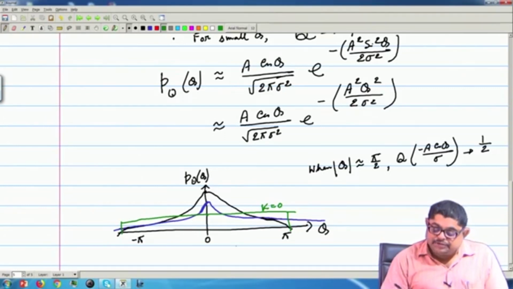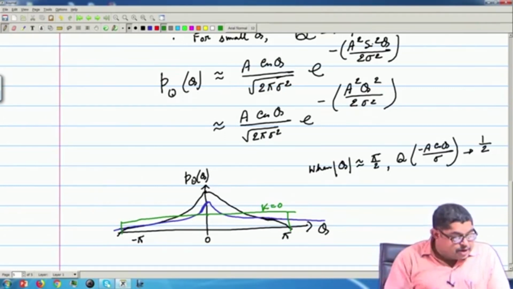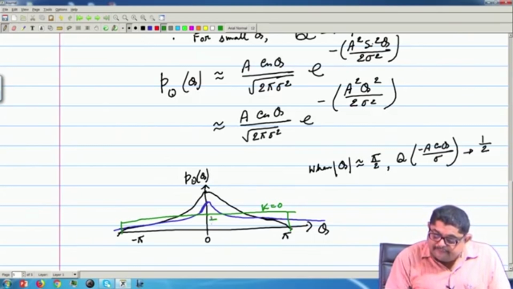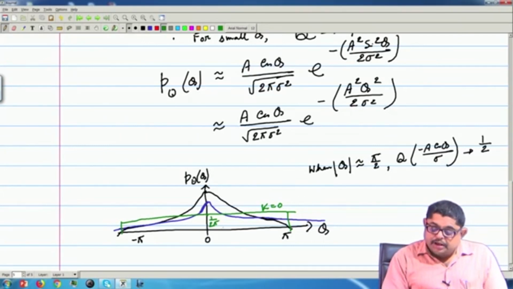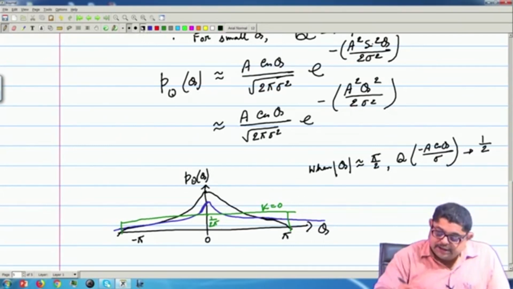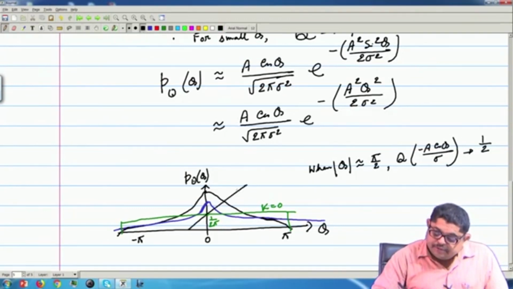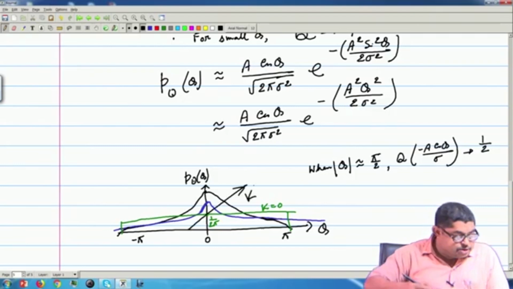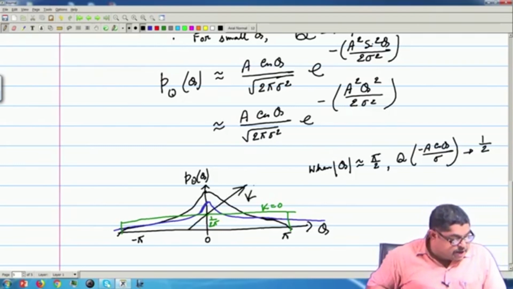In the Rayleigh case we have seen that it is a uniform graph, it is also true there. This value will be 1 by 2 pi etcetera, and these are various curves for parameter K, where K is becoming higher and higher.